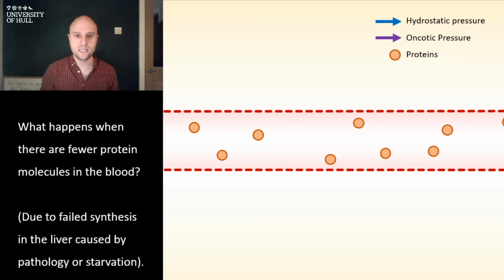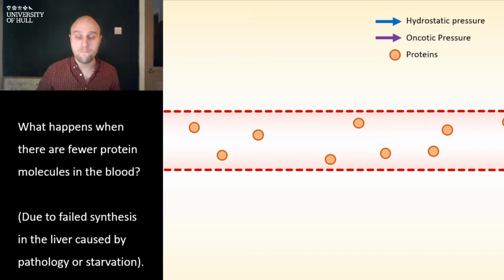Now we'll consider a second situation whereby there are fewer proteins within the intravascular space, and this might come about in somebody who has a liver that is working inefficiently or is failing, or in a situation where somebody is malnourished, so they're not able to eat enough protein and all the things that are used to synthesize proteins.